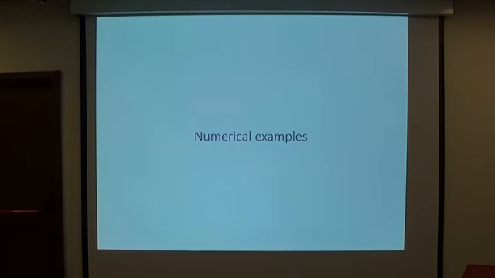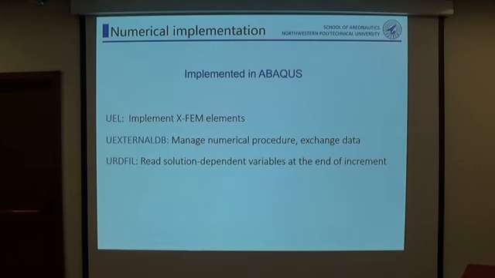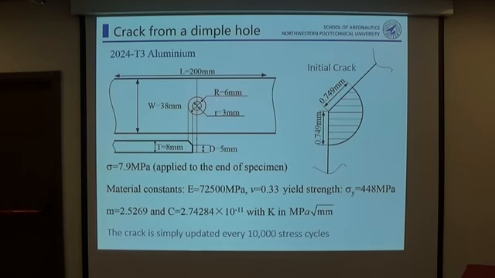So we give two simple examples. The method introduced before is implemented in Abaqus. There are three user subroutines used. First, consider a crack initiated from a hole. This is the model size, and here follow the material constants.